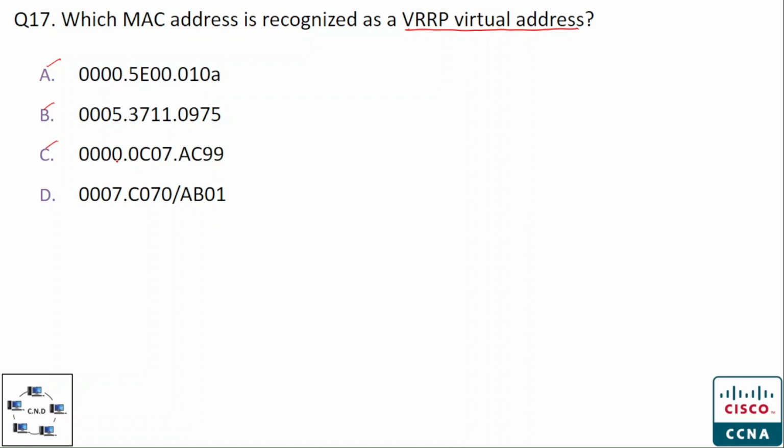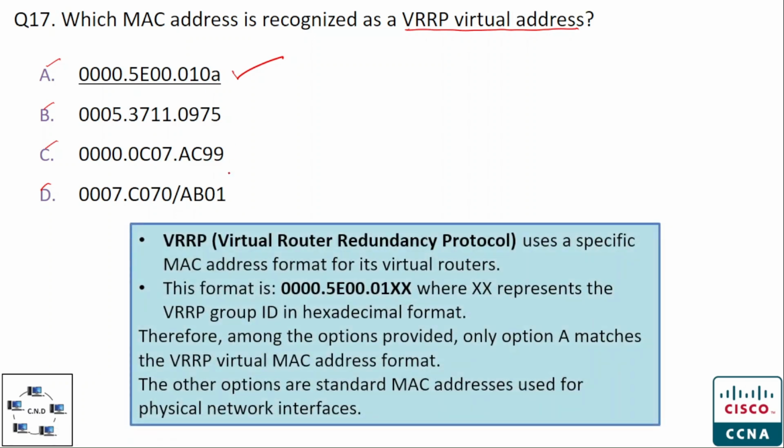Option C, 0000.0C07.AC99. And option D, 0007.C070.AB01. And the correct option is option A, 0000.5E00.010A. And why is that?